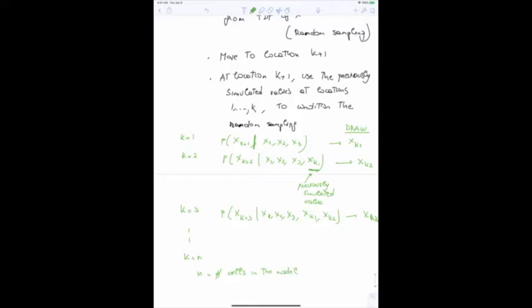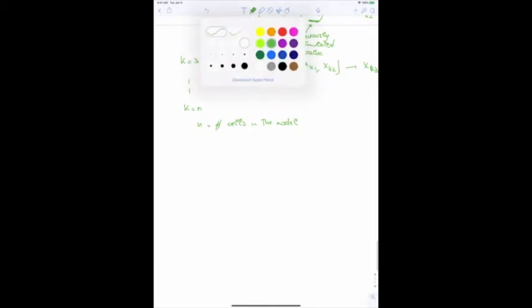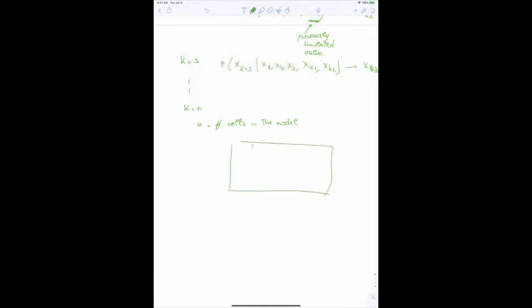So by doing that, when you reach the end, let's say that we visited all the cells. So at some point we get to K equal N. Well, let's not put it in the corner. Let's put it here in the middle. K equal N. Now we have already simulated all the values in the other cells.